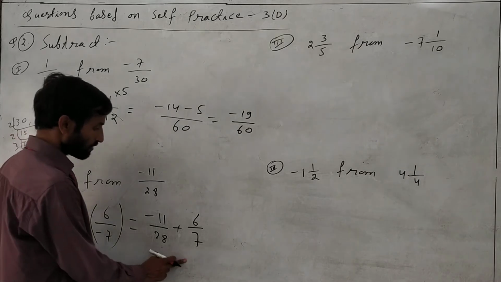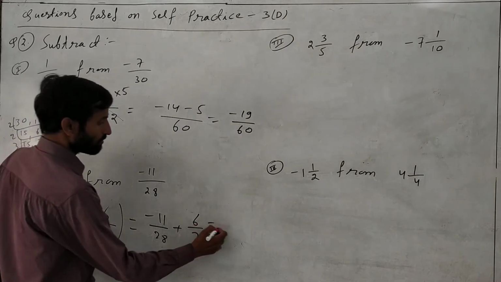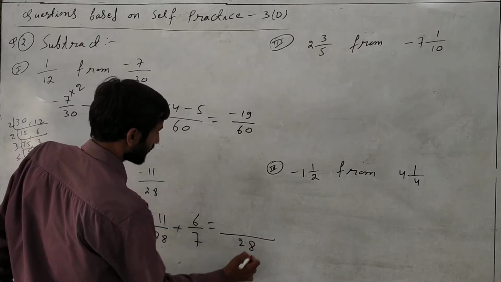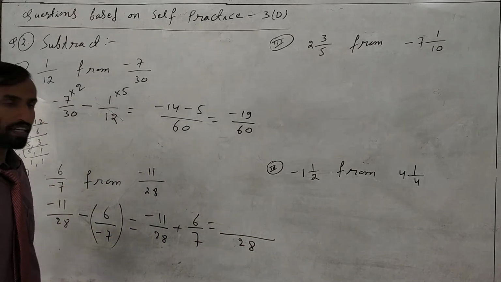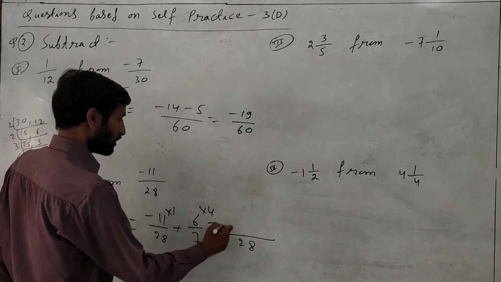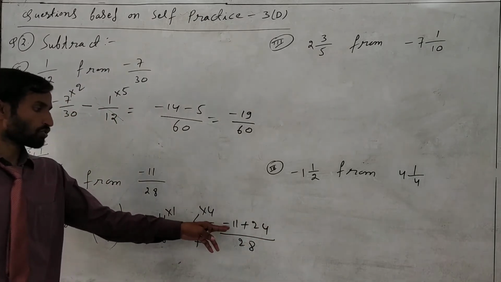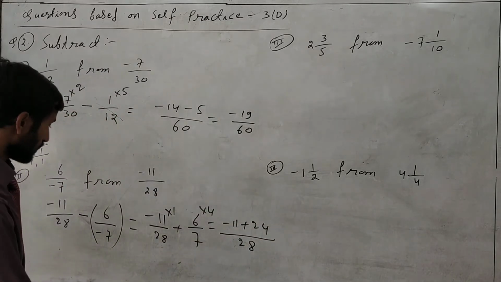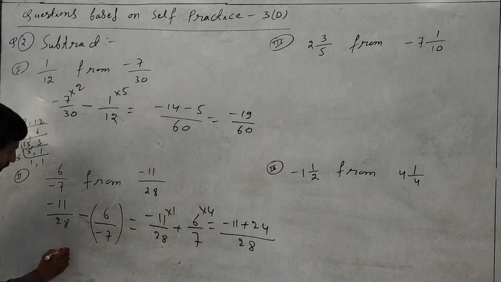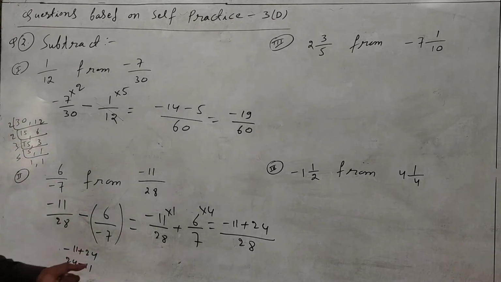After that, you have to take the LCM of 28 and 7. How much will the LCM be? The LCM will be 28. In 28, 1 goes once, so multiply by 1; 7 times 4 is 28, so multiply by 4. So minus 11 plus 24. Just see here: minus 11 plus 24, or sometimes it is written 24 minus 11, both have the same value.